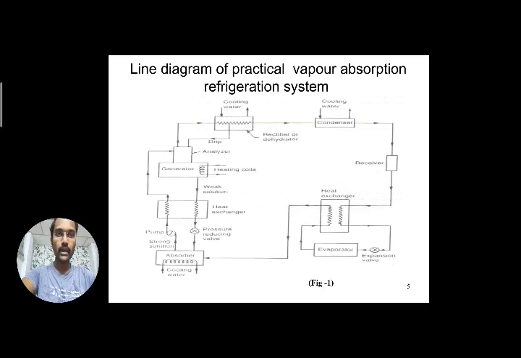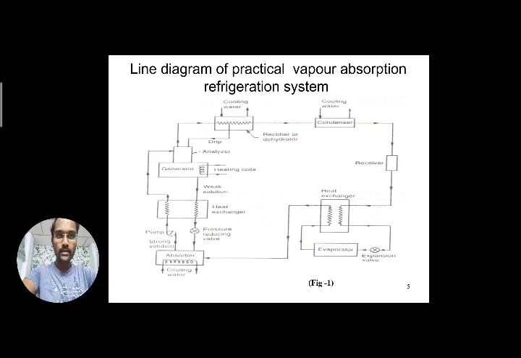Just have a look at this line diagram of the practical vapor absorption refrigeration system. You can draw this diagram. Besides the additional components I mentioned on the last slide, the ideal system has an absorber, generator, condenser, receiver, expansion valve, and evaporator, and in between the generator and absorber there is a pump and a pressure reducing valve.